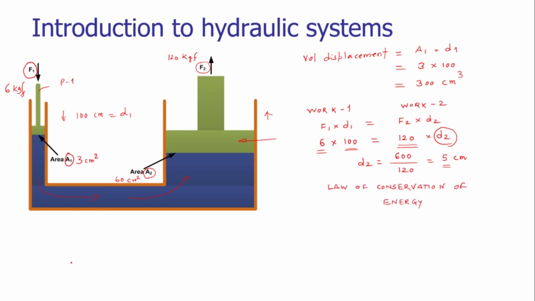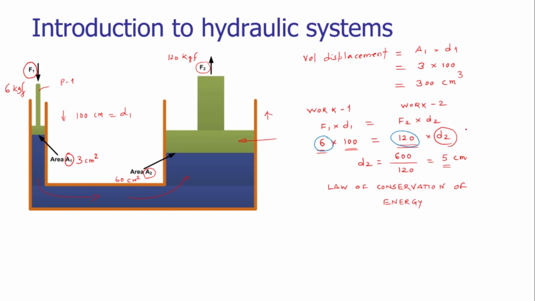So what is our interest here? If you notice, we are applying 6 kg and generating 120 kg of force in the other part of the system. That means there is a magnification, however the displacement is less.